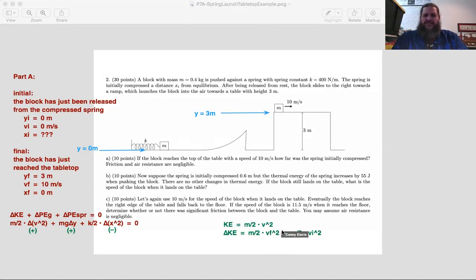So final kinetic energy minus initial kinetic energy. But if you factor the m/2 out of both of those terms, because it's the same mass in both, you get m/2 times v final squared minus v initial squared. In other words, half the mass times the change in squared speed.